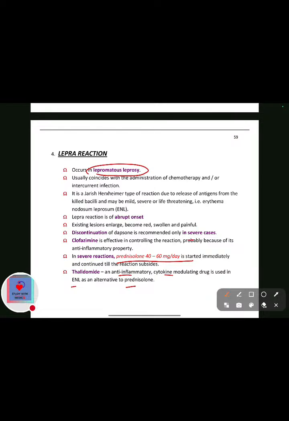In severe reactions, prednisolone 40 to 60 mg per day is immediately started and continued till the reaction subsides. Thalidomide, an anti-inflammatory cytokine modulating drug, is used in erythema nodosum leprosum as an alternative to prednisolone.